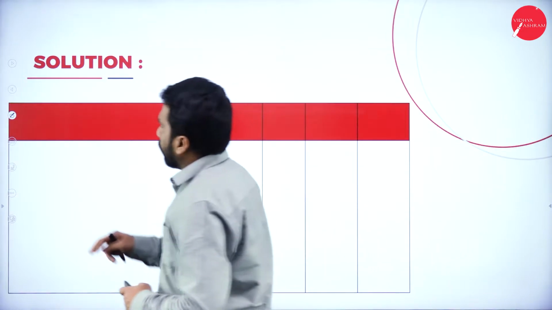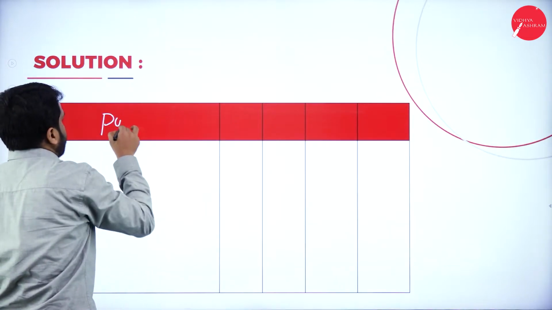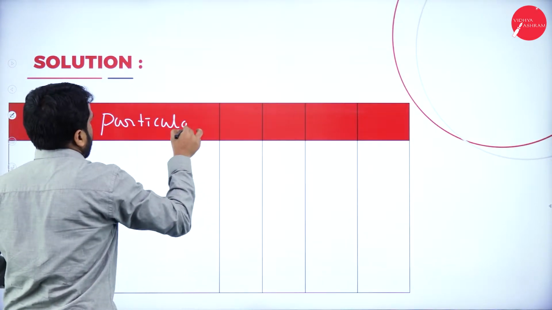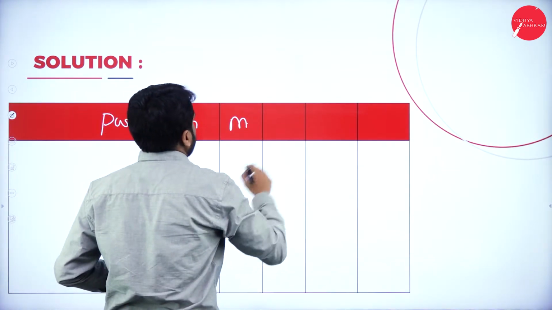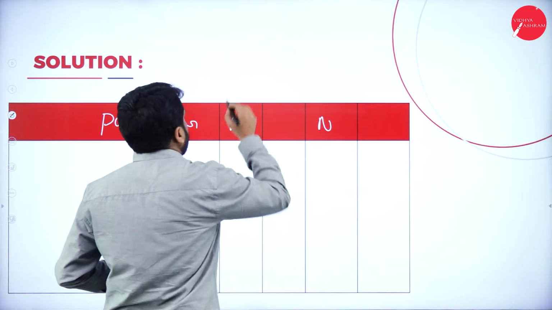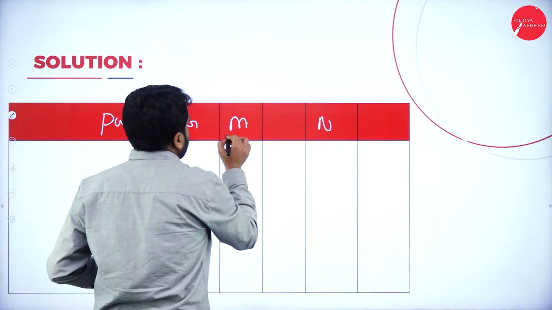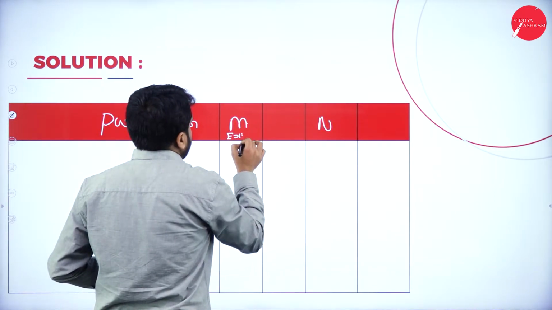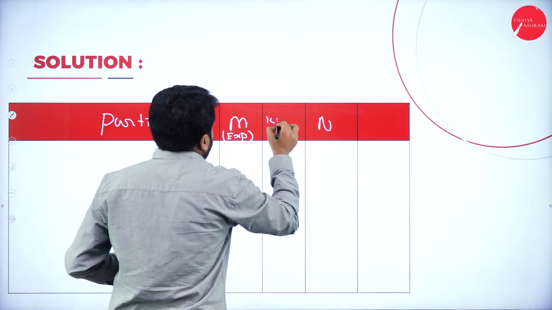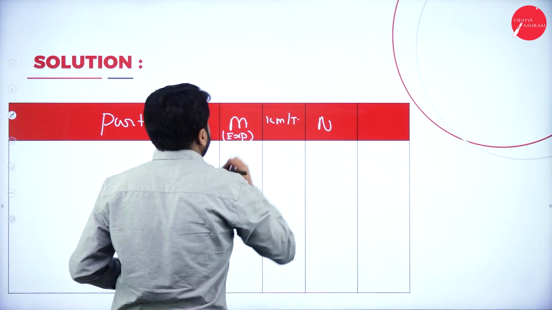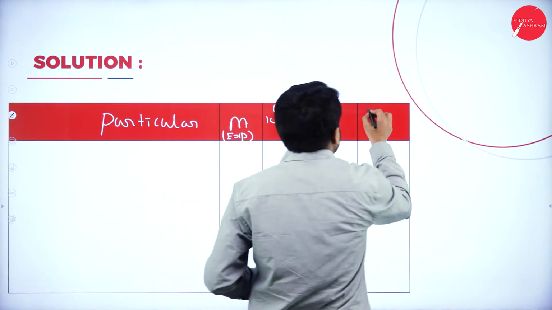Your format will be what? In this, particular. This one we call M, and this is N. This is for M. Here are the expenses or cost, the total kilometers per ton, and the cost per kilometer per ton.